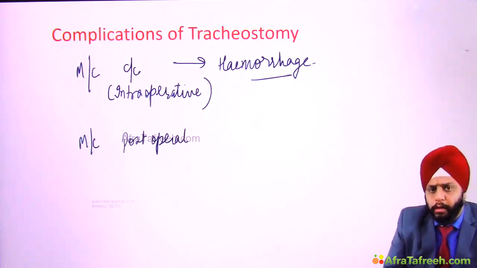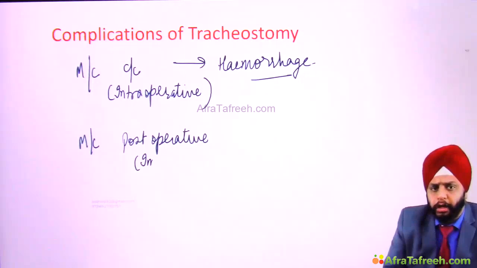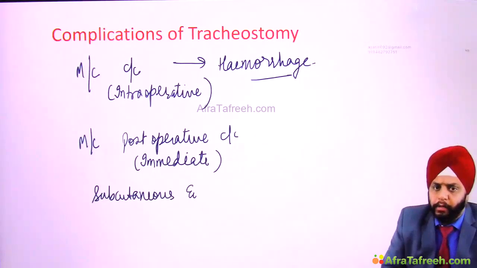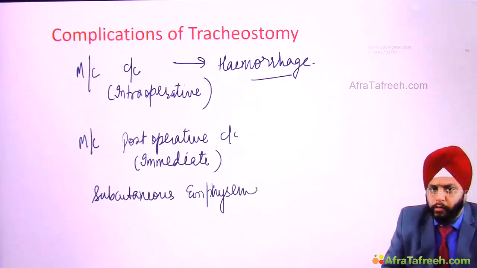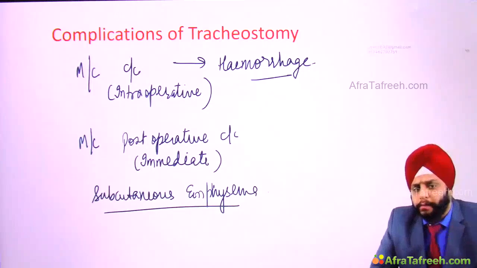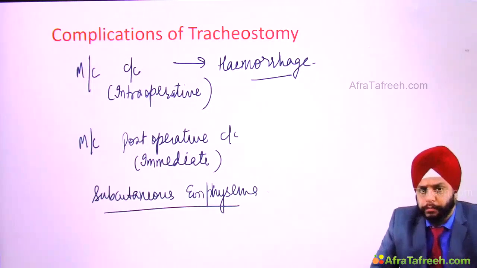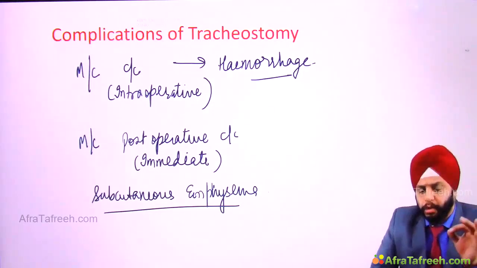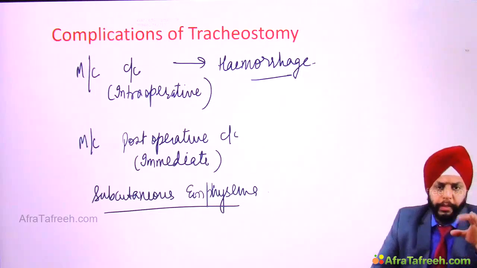So the most common post-operative, or rather I should say immediate post-operative complication is subcutaneous emphysema. Okay, so subcutaneous emphysema, there is collection of air below the skin in the subcutaneous tissue. Now this generally happens when the skin opening is a little small.